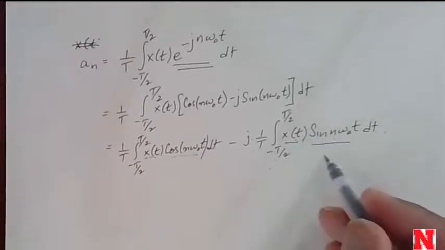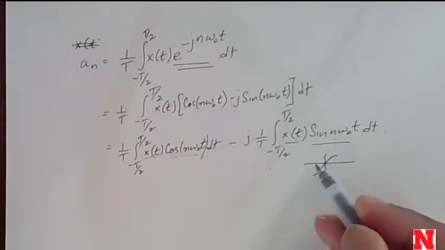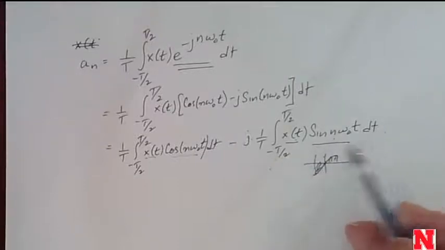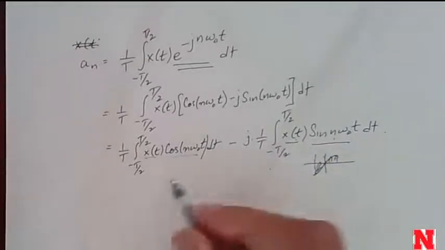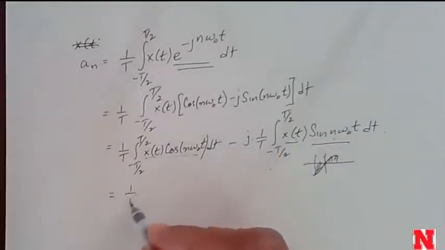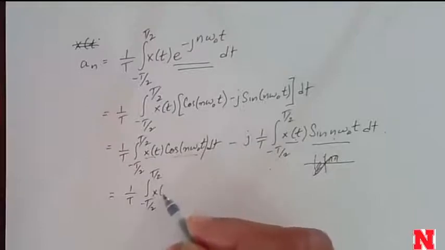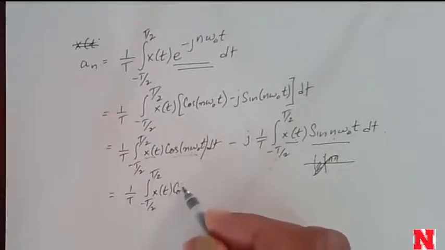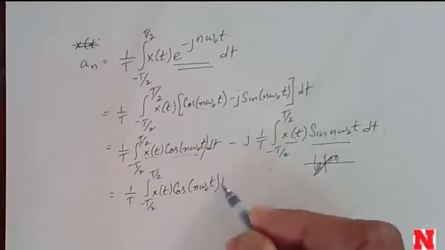If I take an odd function, which sine is, for example, and I integrate it, I'll get a negative area and a positive area, and they'll cancel out, and I get 0 for the integral, right? So if x of t is even, then this will be equal to the integral from minus T over 2 to T over 2 of x of t cosine of n omega naught t dt.